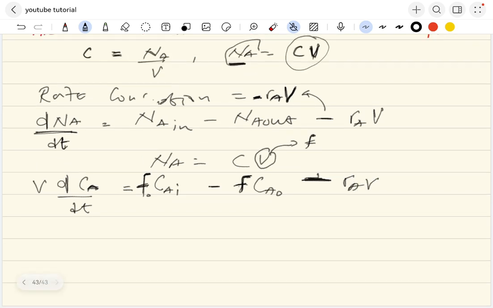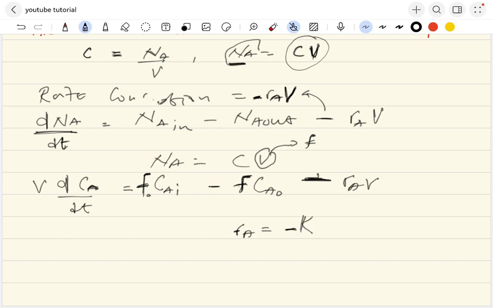But because I'm writing everything with respect to CA, I have to write this one also with respect to CA. So simple. RA is simple because it's negative here, so I have to make it into the left hand side, at the right hand side. So it's simple minus this one is the rate of reaction.